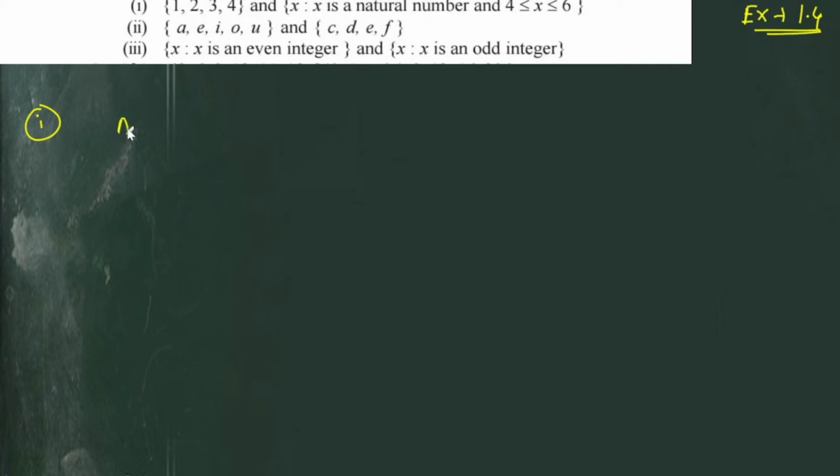A is given in roster form, there is no problem. But for B, we have to list down the elements. 4 ≤ x, the equal sign is there, so 4 will be included. Then 5. Then 6 also, since the equal sign is there, 6 will be included.